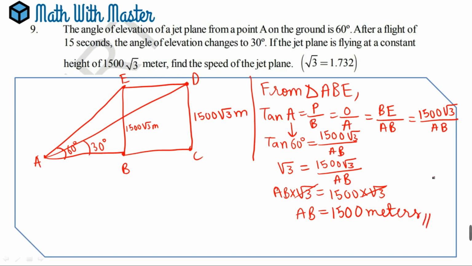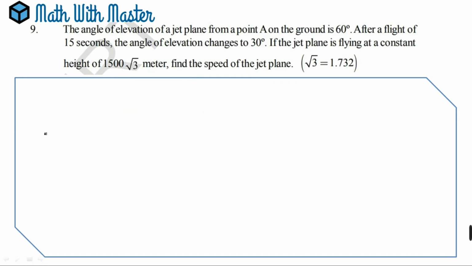So now we have found this main thing. Now we have to find something else, AC, so that we can find BC.